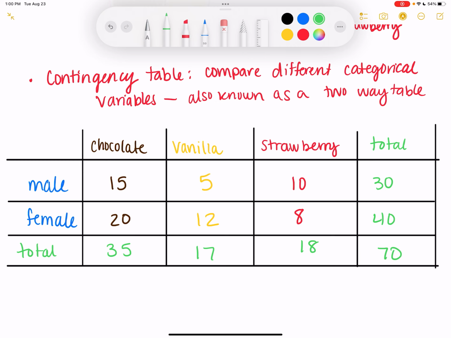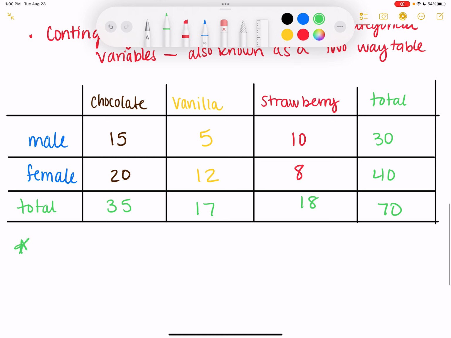And then just something to note in general here, we could also use relative frequency in this chart. Okay, and you do the same thing.